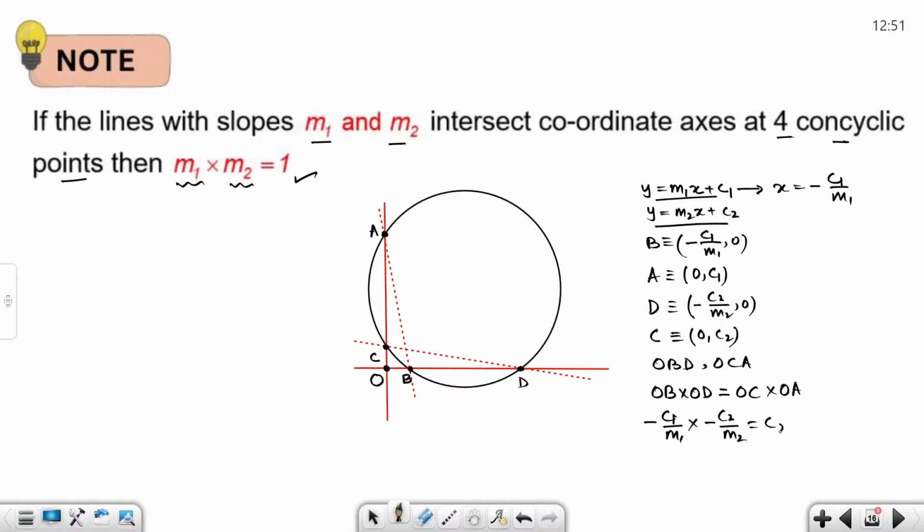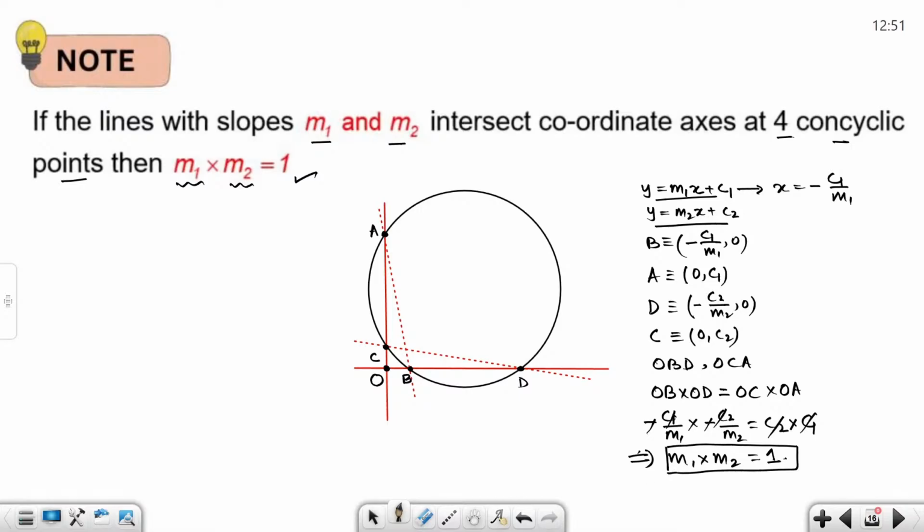OC is c2 and OA is c1, right? So from here c1, c2 will cancel off, minus minus will become positive. So we get m1 into m2 is nothing but 1.